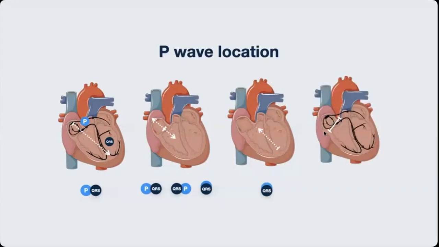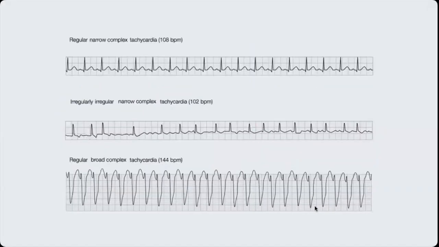And if there is a heart block at the level of the AV node, you would expect a bigger gap between the P wave and the QRS complex, because the heart block is impeding the flow of electricity from atria to ventricles.